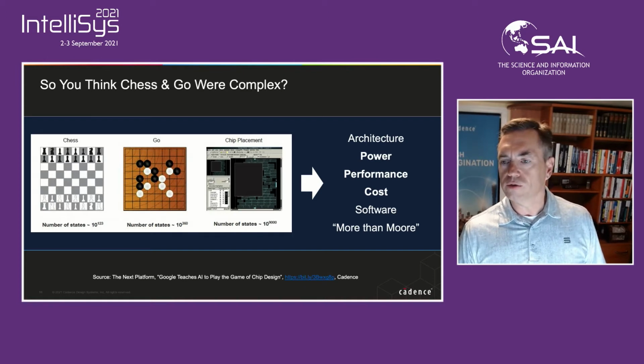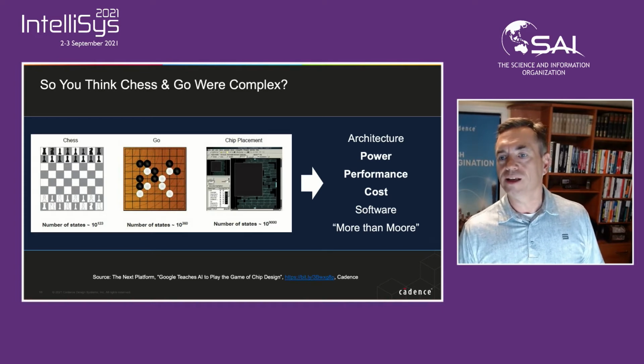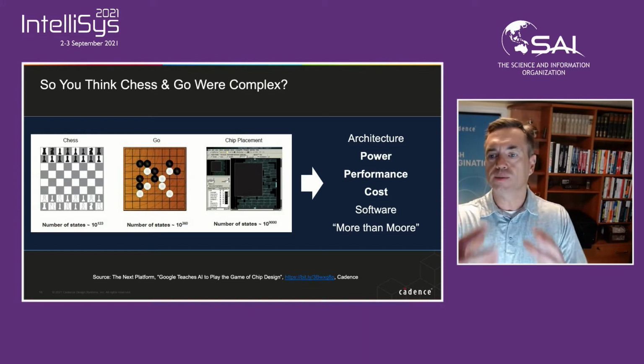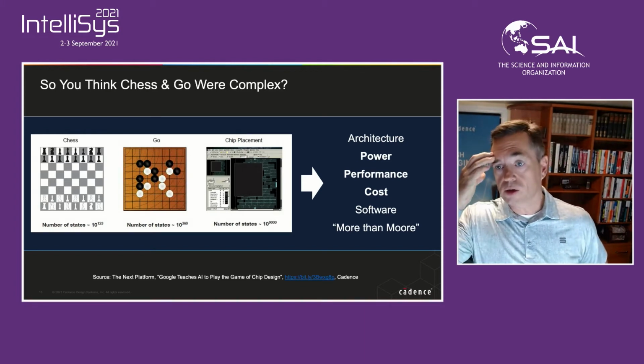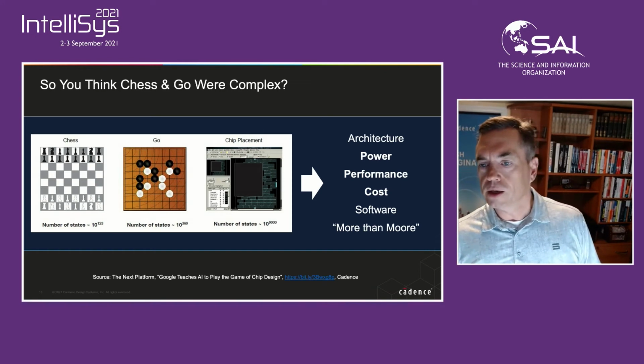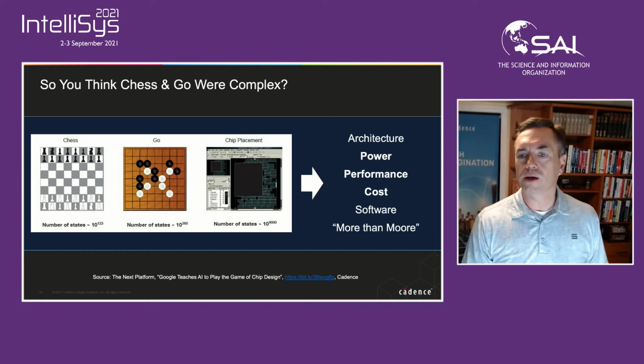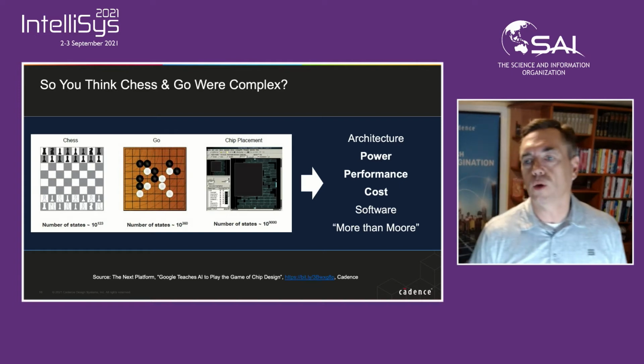To give you an impression of the complexity of the number of states, chip placement alone, and this is just the placement of the components on the silicon estate you're dealing with, is already an order of magnitude bigger than the number of states you have in Go.